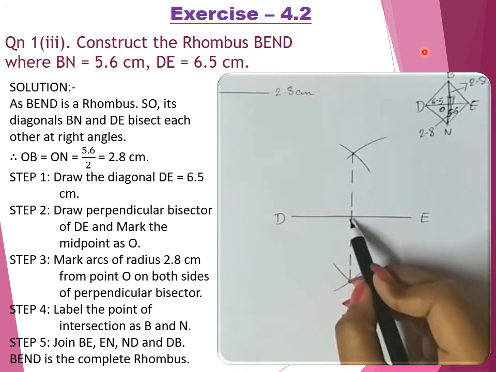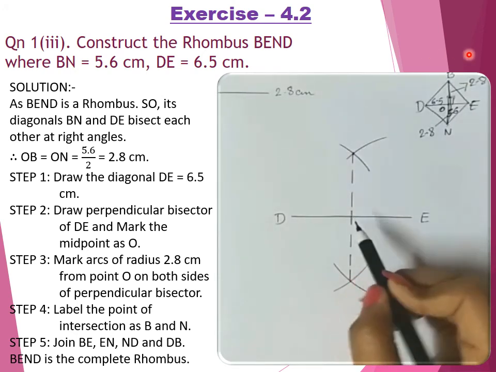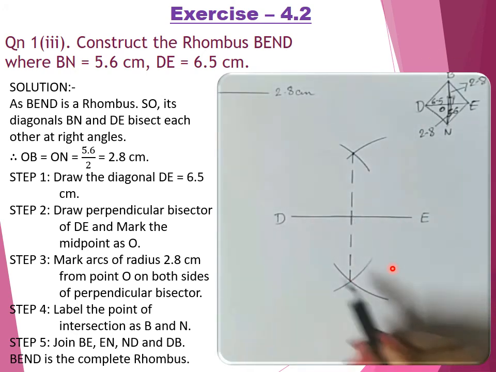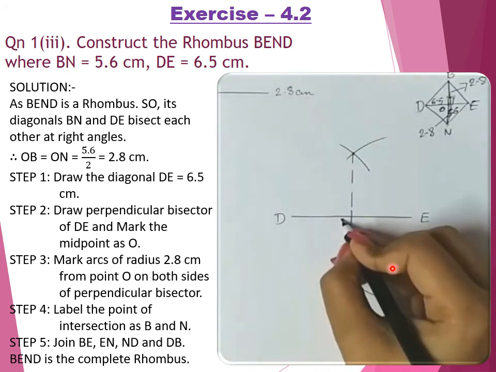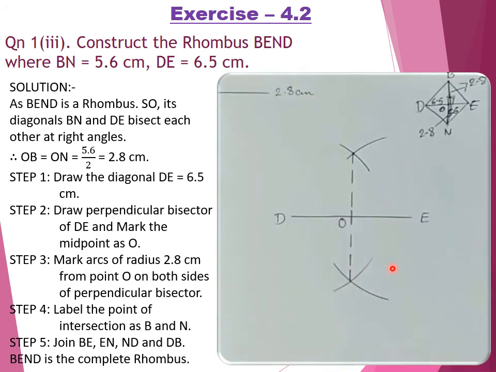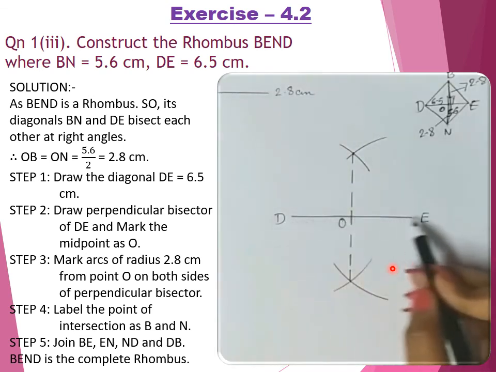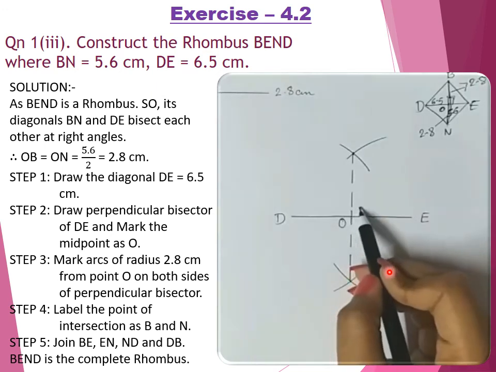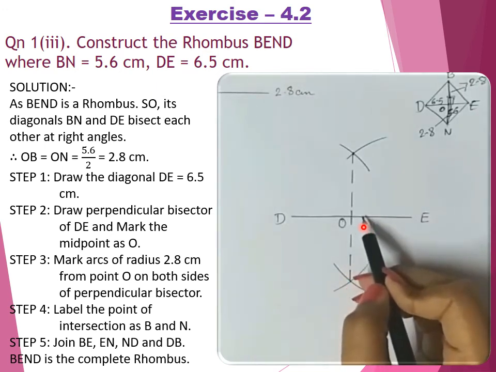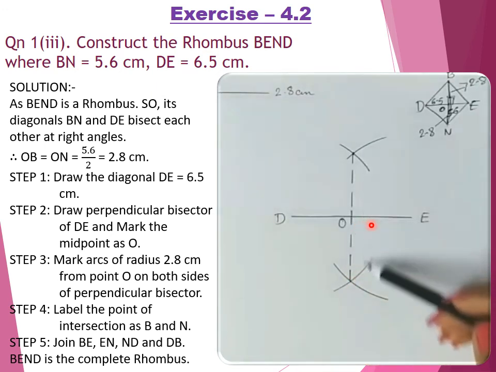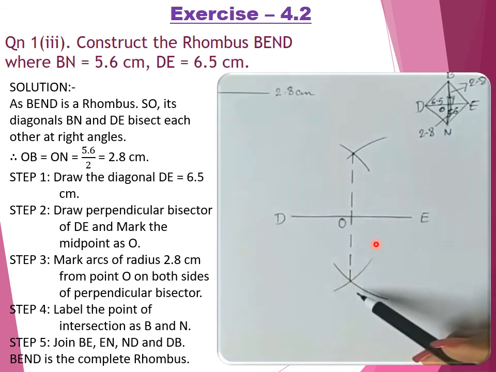Let us mark the point of intersection of this particular perpendicular bisector and DE as O. Now we can say that this is the midpoint of the line DE, and also the angle created here is 90 degree, because we have constructed a perpendicular bisector.